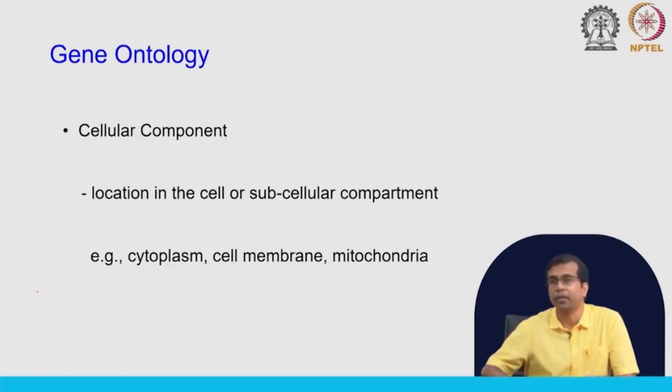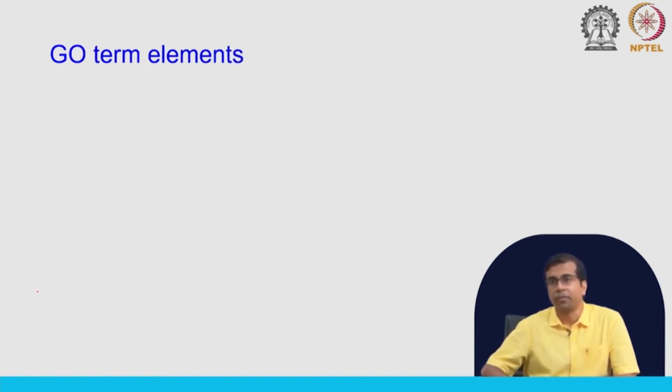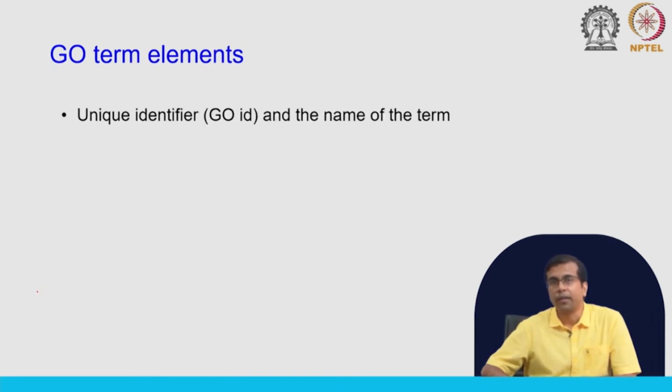So, this is associating each gene with its location in the cell or subcellular compartment, right. For example, a gene is located in cytoplasm or in cell membrane or mitochondria, this will be mentioned in this sub ontology. Okay. So, if you are looking at localization of genes, then you will probably look at the cellular component part. Okay. So, there are some GO term elements that will be present in the ontology.